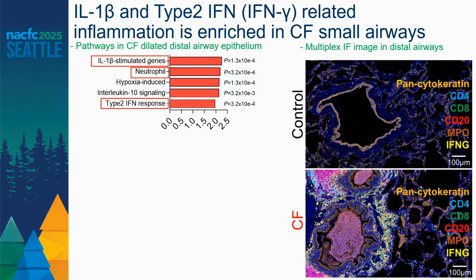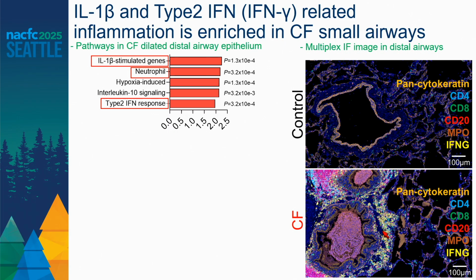Then, when we check the PhenoCycler multiplex IF images, we could see the MPO positive neutrophil enrichment in the intraluminal spaces, and also in the submucosal area, there is massive infiltration of interferon gamma positive cells.